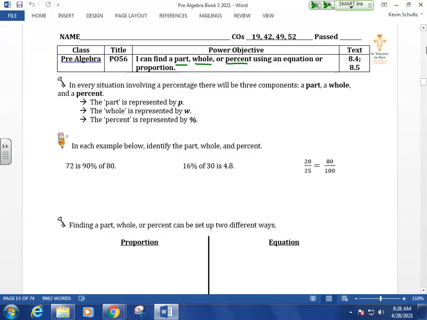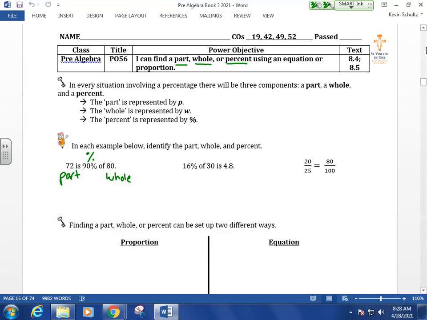So 72 would be the p variable, or the part. The percentage is pretty easy to identify because it's got the percentage symbol. And 80 would be our w, or our whole. 72 is a percentage of 80. 72 is a part of the whole.